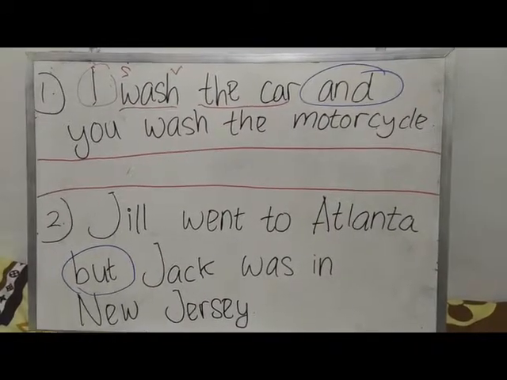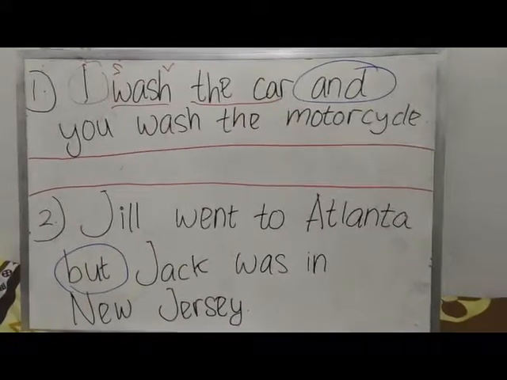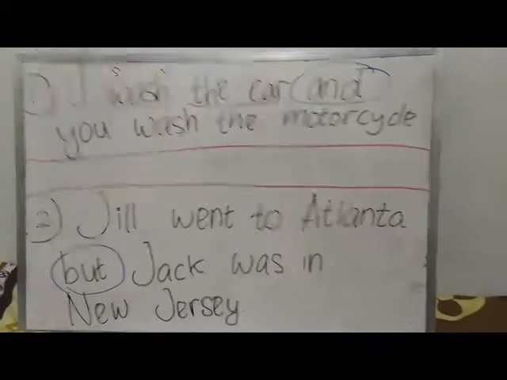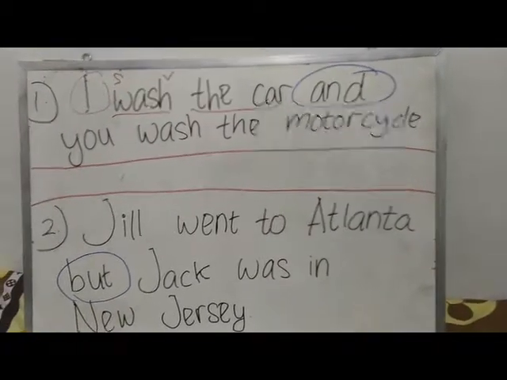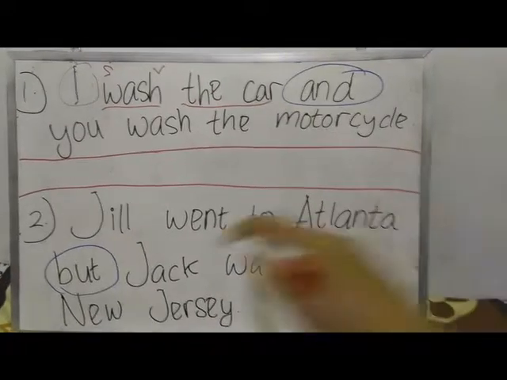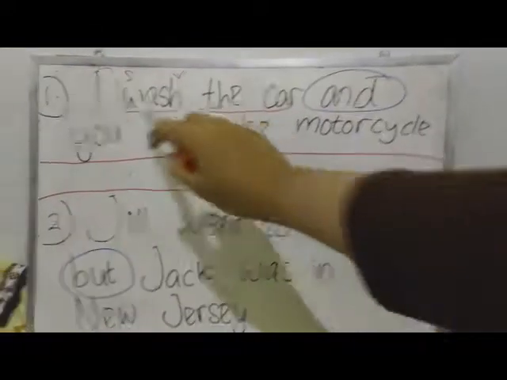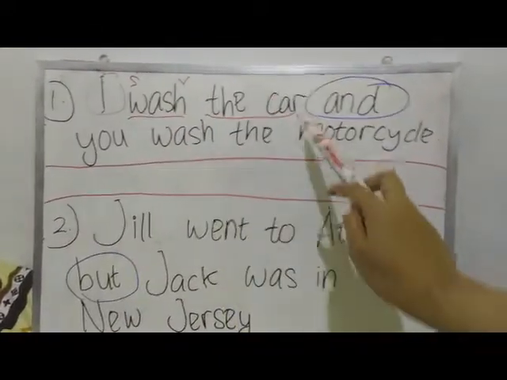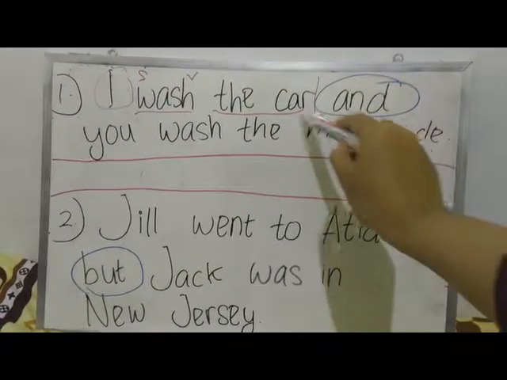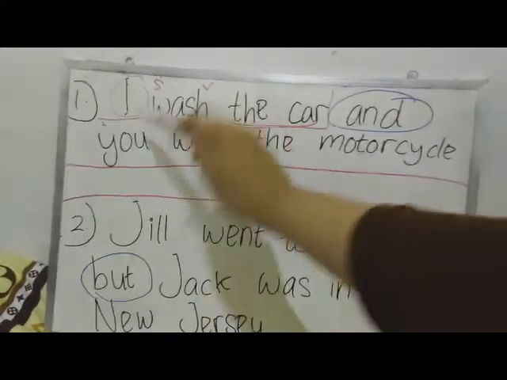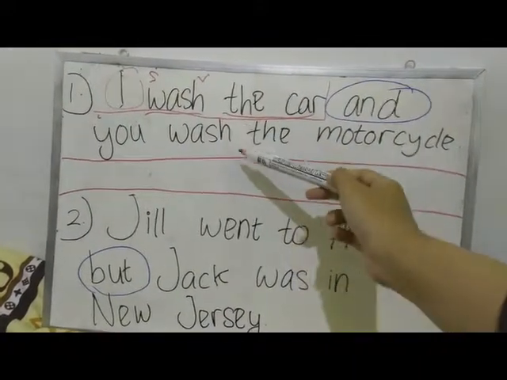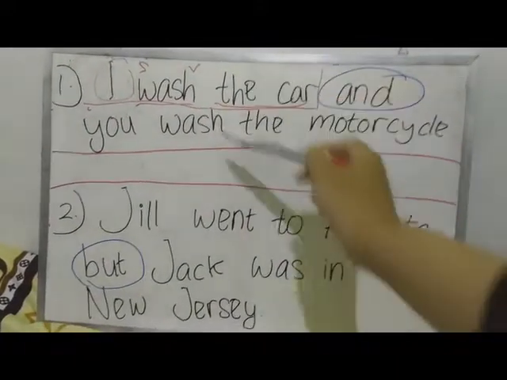Well, it is also possible to have a main clause versus a main clause, like in the sentence, I will wash the car and you wash the motorcycle. In both clauses, the first clause, I wash the car, has a subject, I, a verb, wash, and an object, the car.